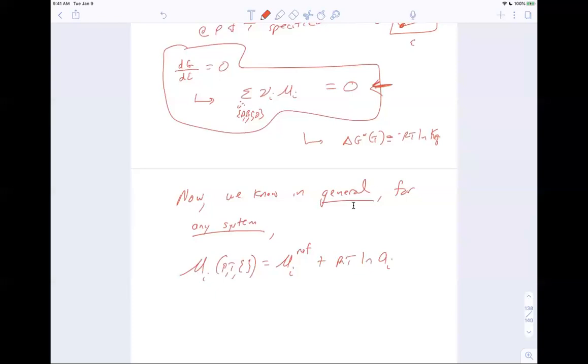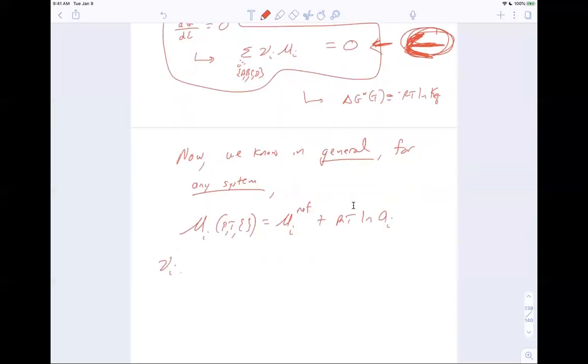Now we have this expression. If we go back to the expression where we multiply all of the chemical potentials by the stoichiometric coefficients, and I'm not going to write the P and T dependence, you can carry that through yourself, the stoichiometric coefficient times the chemical potential of i is just nu sub i times mu sub i in the reference state at whatever temperature you're interested in, plus nu sub i RT natural log A sub i.